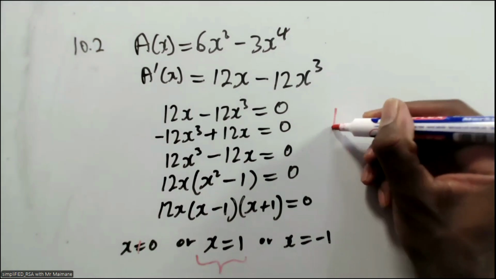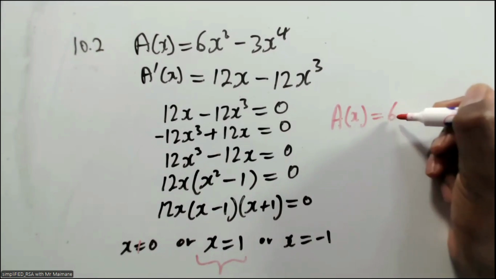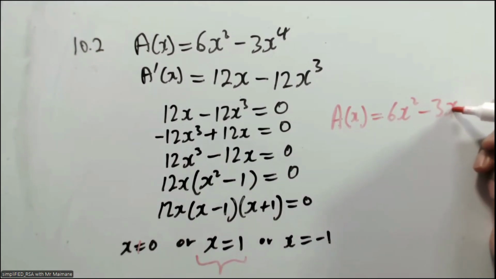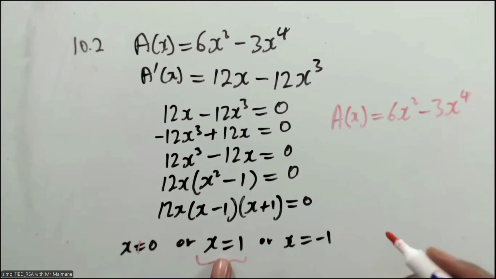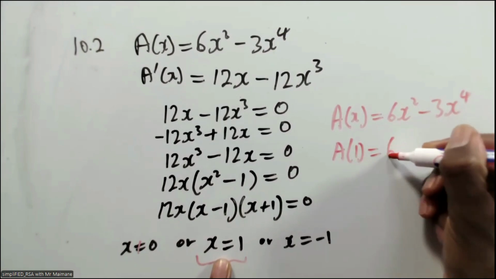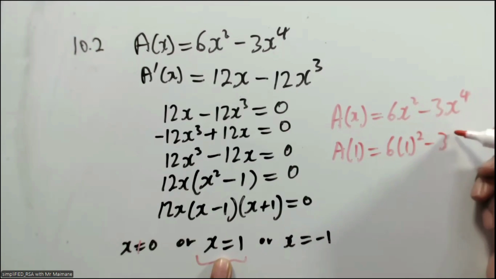So I will then say A(x) equals 6x squared minus 3x to the exponent 4. Therefore, what would be A(1)? A(1) would be 6 times 1 squared minus 3 times 1 to the exponent 4.